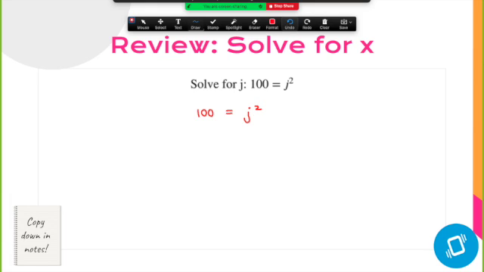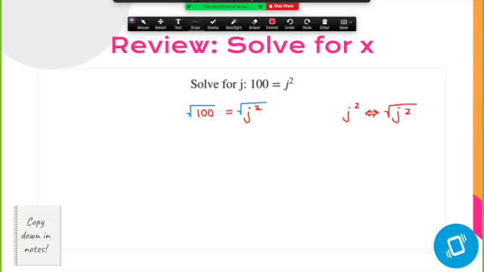So remember that if you have the square of j, we want to square root it to get the opposite operation. And so that square root will essentially cancel out that 2, and you'll just be left with j. So that's what we want to do here. We want to get the square root on both sides. And then once we do that, we get our answer.